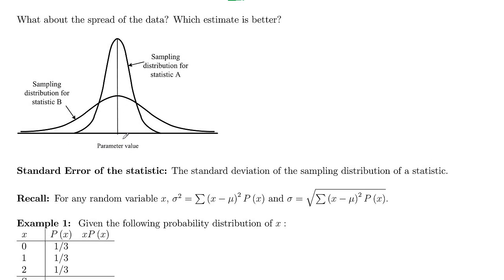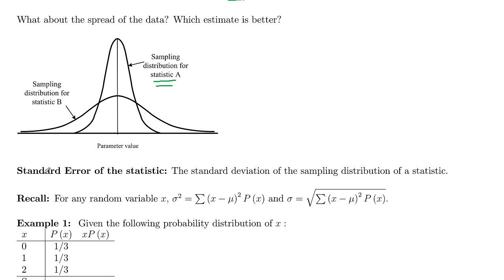So we want to know which estimate is going to be a better estimate in terms of spread. Well, it's going to be the narrower sampling distribution, because here the standard deviation or the variation is less. So we'd like to have an unbiased estimate, both of these are unbiased estimates, but we'd also like to have a smaller standard deviation, less variation.